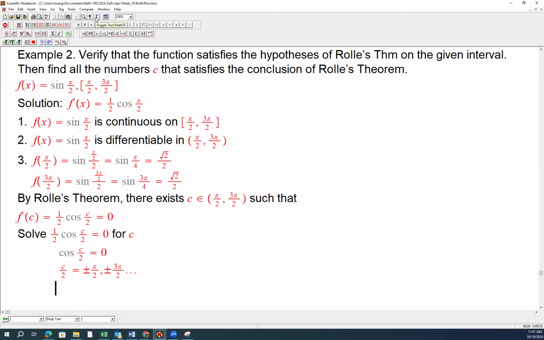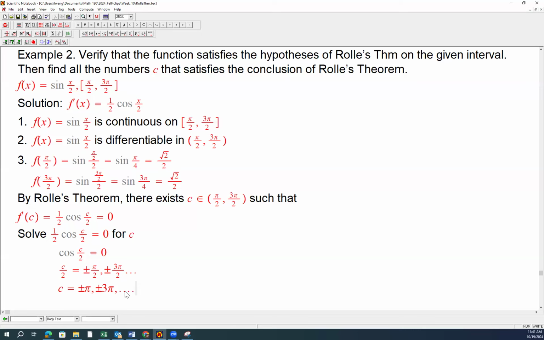You multiply both sides by 2. That's going to be plus or minus pi, plus or minus 3 pi, and we can keep going.